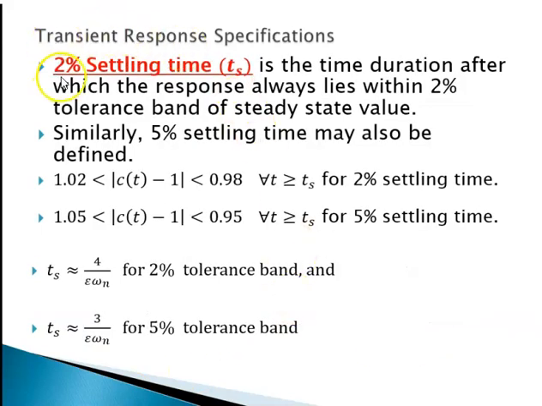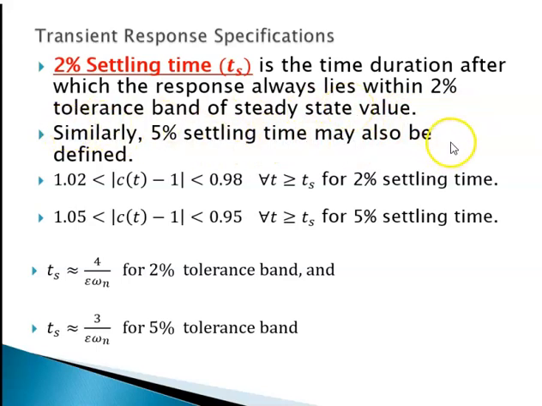The last term is the settling time. I'll define what is 2% settling time, and you can substitute 5 in its place to get 5% settling time. 2% settling time is the duration after which the response always lies within 2% of the tolerance band around the steady state value.